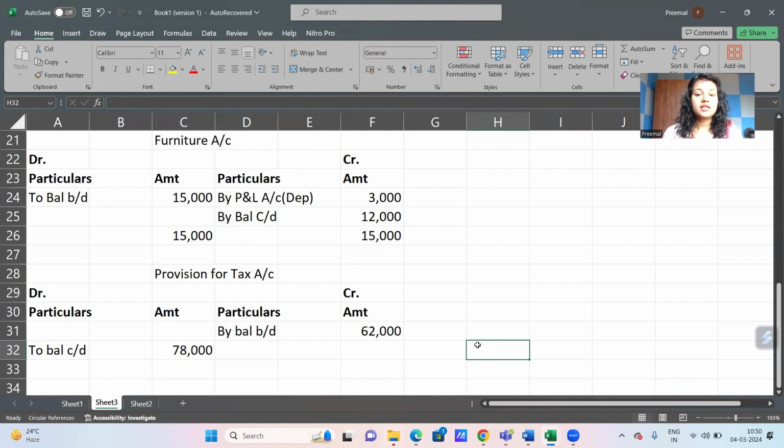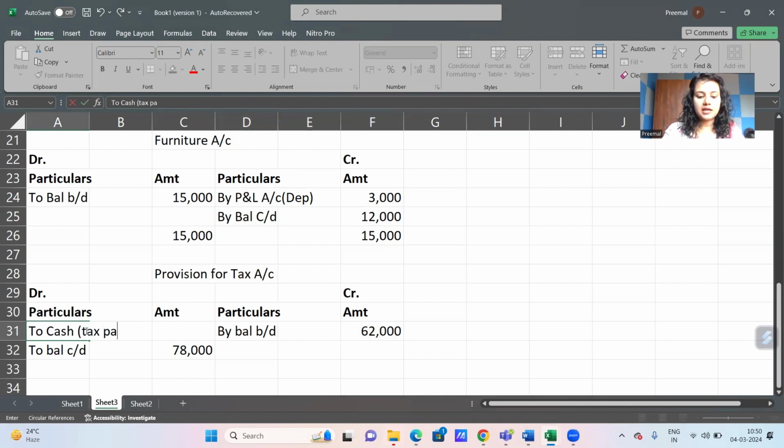The assumption is that the opening balance, which is 62,000, will be the same amount of tax paid. So on the debit side, you will mention to cash or bank account, indicating tax paid as 62,000.